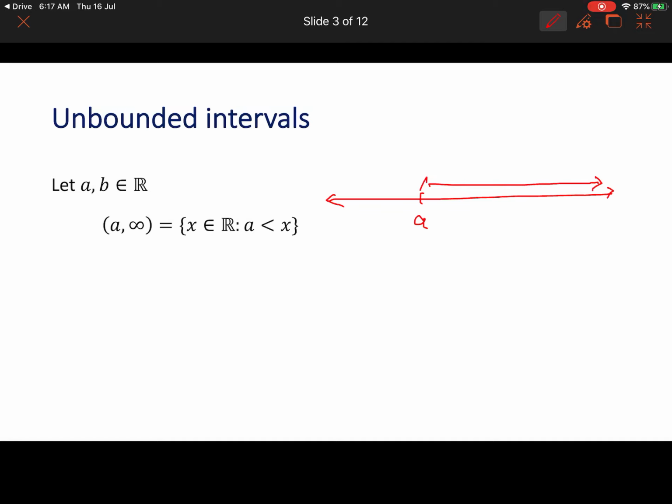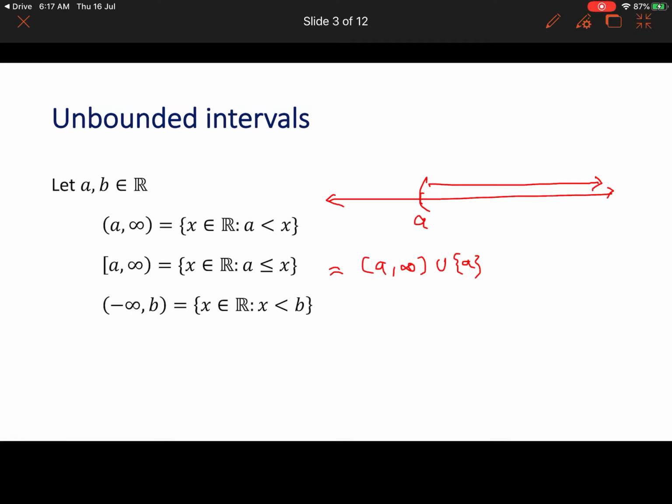The open interval (a, infinity) means the set of all x greater than a. Here a is not included. Then the closed interval [a, infinity): we are adjoining a to the open interval (a, infinity). So this is the open interval (a, infinity) union the singleton {a}.